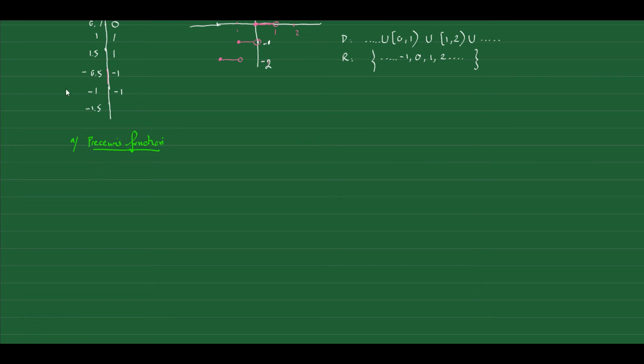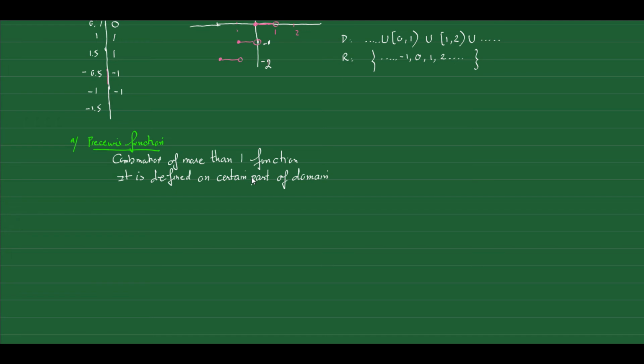So I'm going to put over here: a piecewise function is a combination of more than one function, and it is defined on a certain part of the domain.